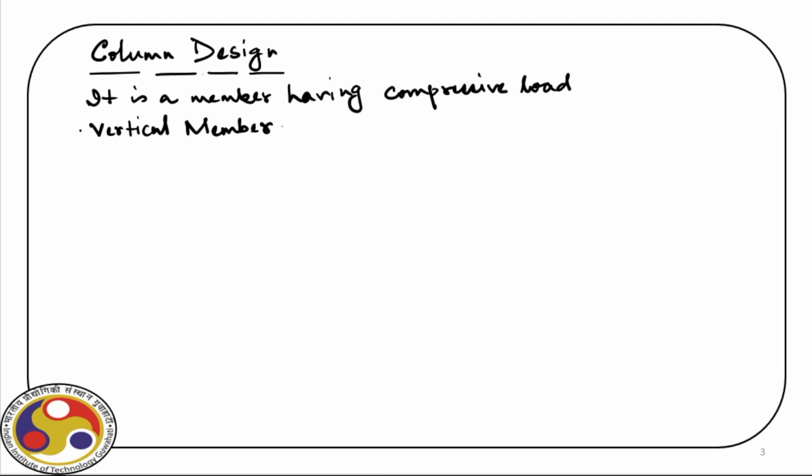Of course, it can be inclined also, but let us for the time being not consider any other orientation. So, we will talk about a vertical structural member that is going to experience an axial load causing compression.